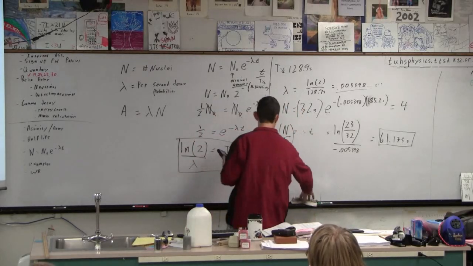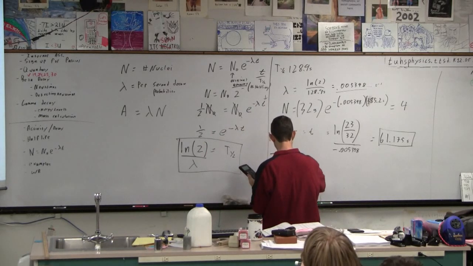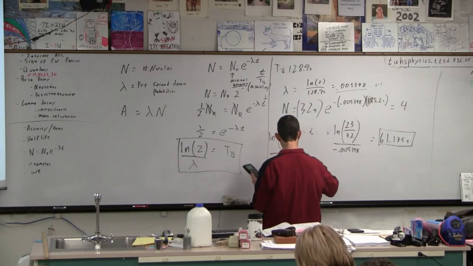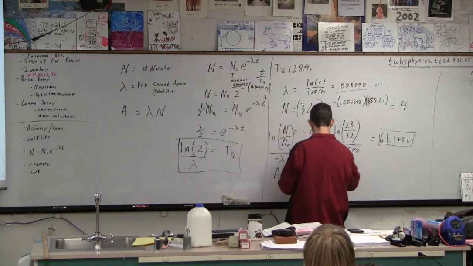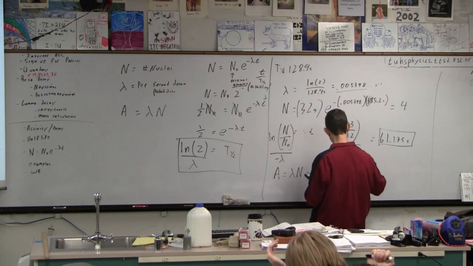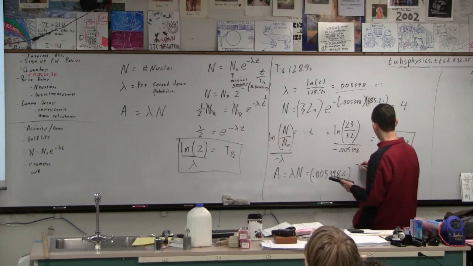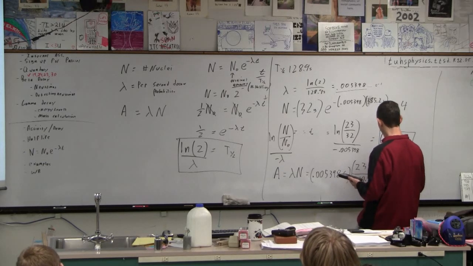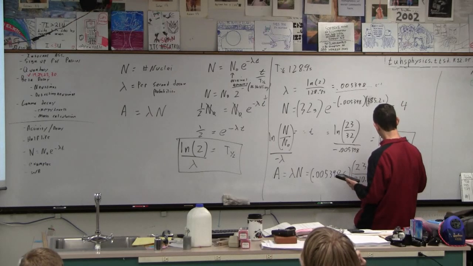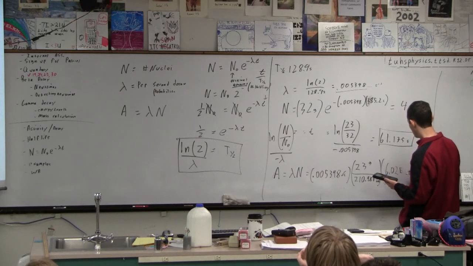So the activity is lambda N. That's 0.005398 per second, and the number of nuclei is 23 divided by 210.987, sig figs because we can, grams per mole, and then we need to multiply by Avogadro's number.